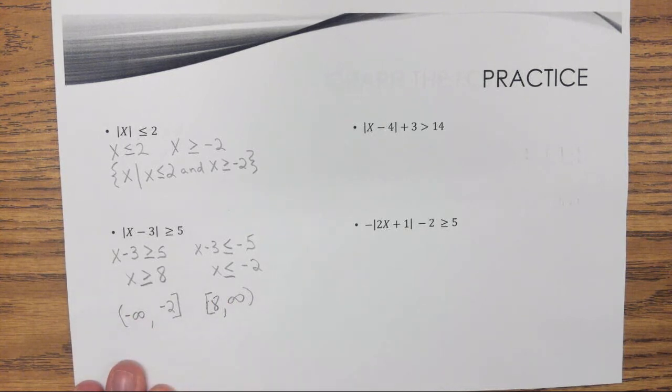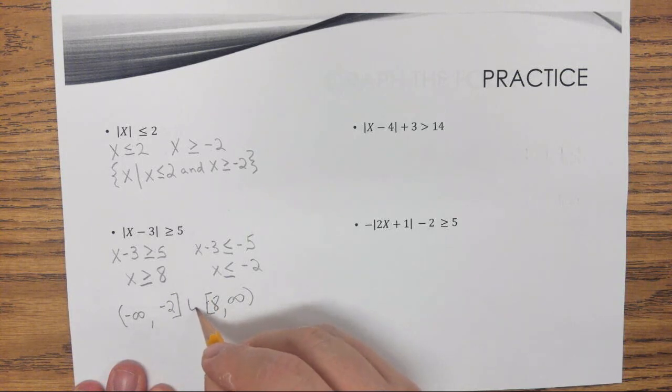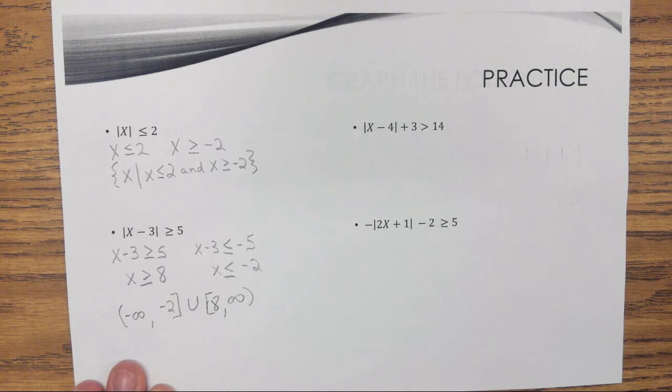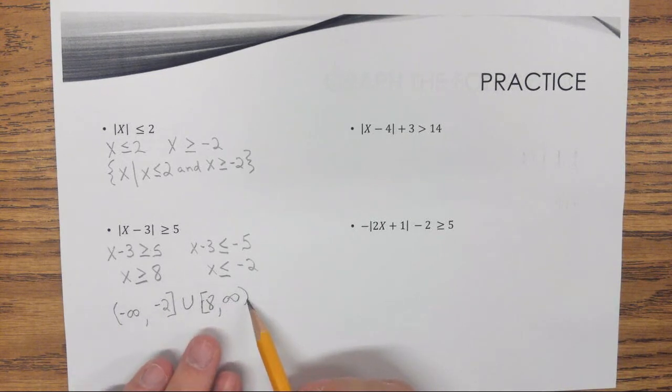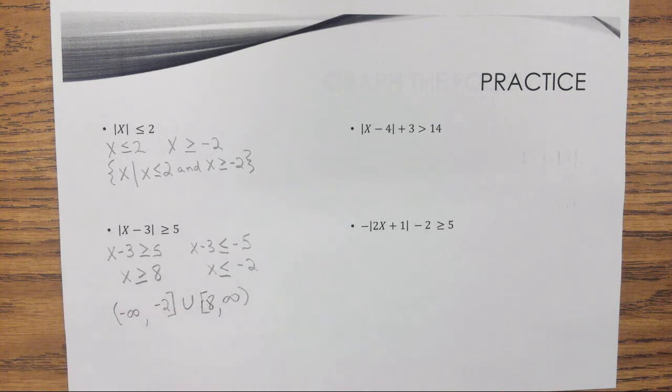There we go. And then just like what we talked about in class, for the warm-up we did in class, this set here and this set here have to be unioned together. Okay, because we've got this piece down here, this piece up here, we're skipping the stuff in the middle. Alright.